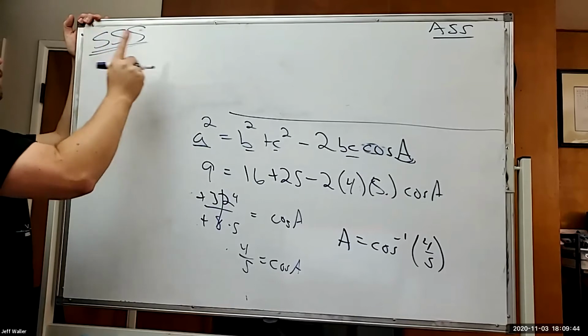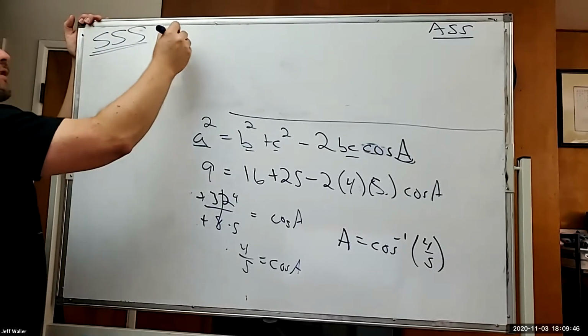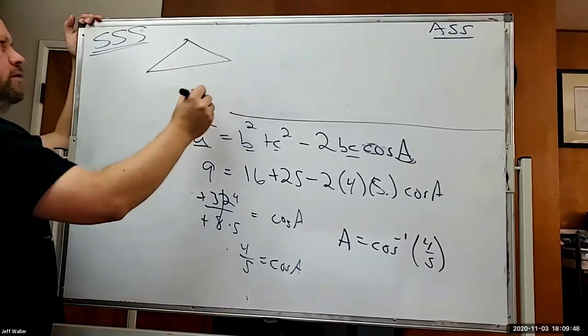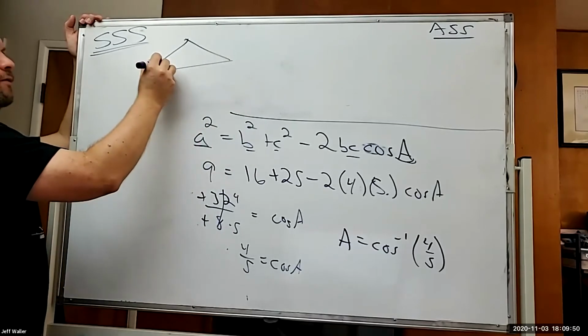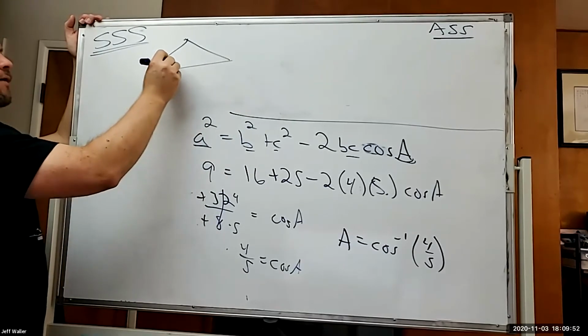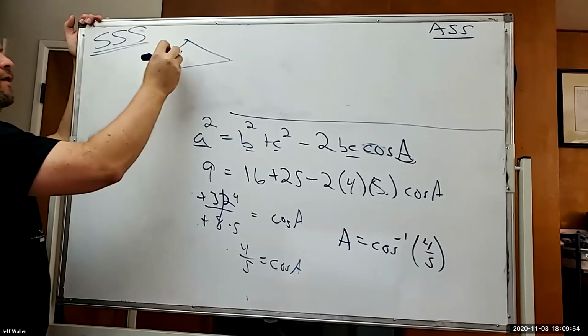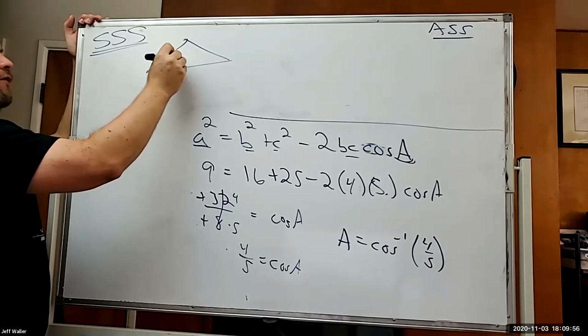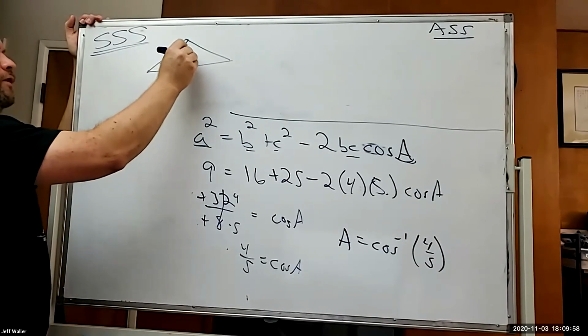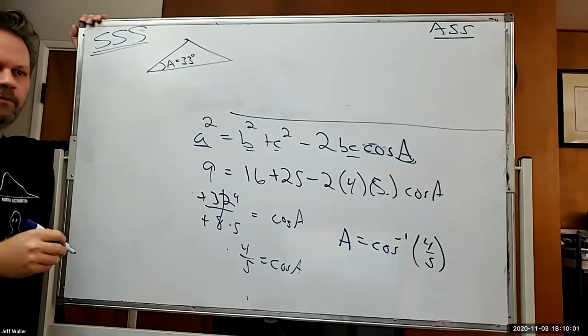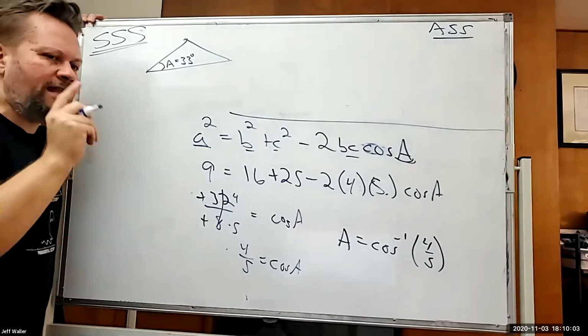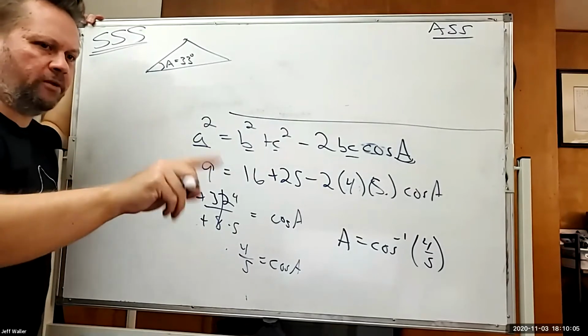What other situation would I need to use law of cosines? Let's say I know angle A. Let's say angle A is 33 degrees. What side can I not know if I don't want to be able to use law of sines?